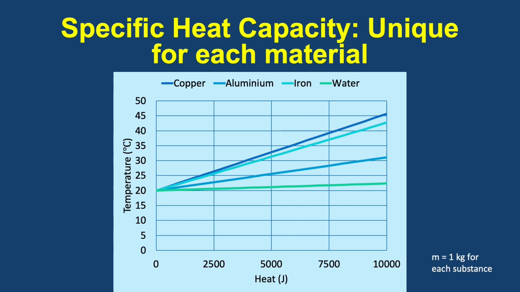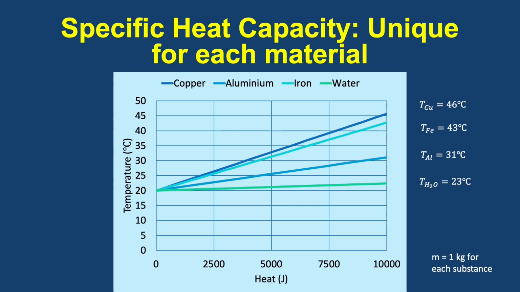And the result is that each material has a very different temperature after 10,000 joules of heat is added to them. Copper comes in at 46 degrees Celsius, iron comes in at 43 degrees Celsius, aluminium comes in at 31 degrees Celsius, and water hardly rises at all as it comes in at 23 degrees Celsius.